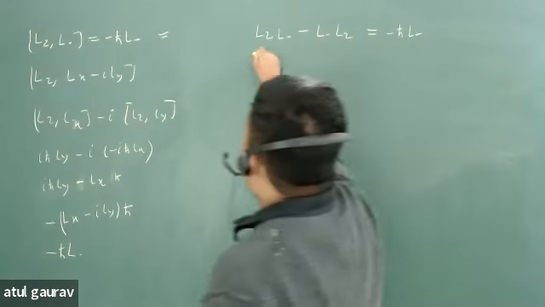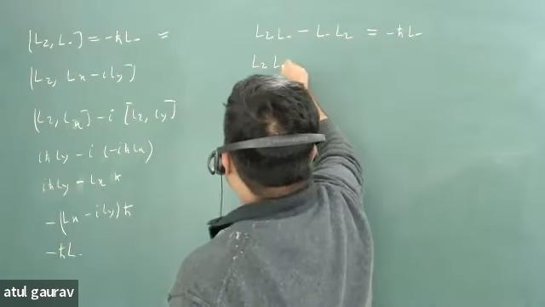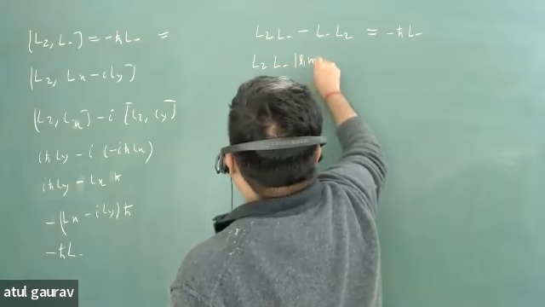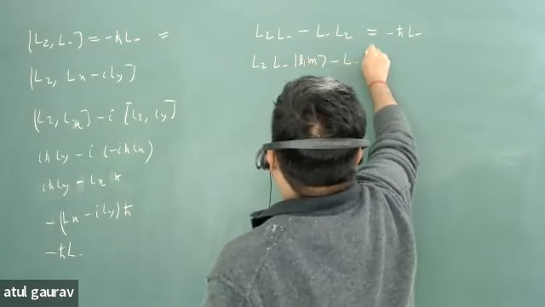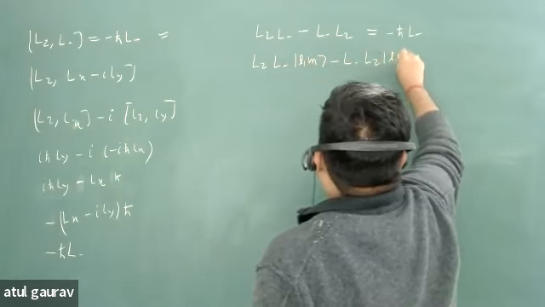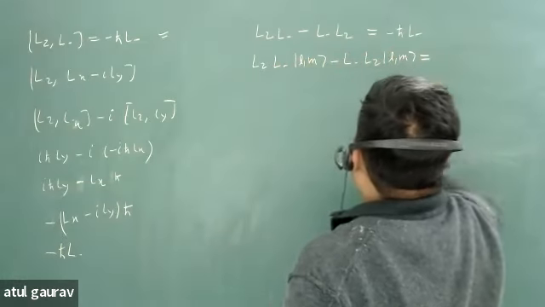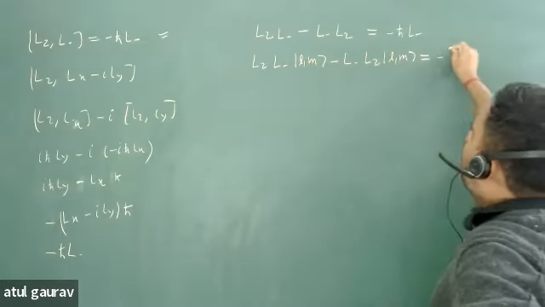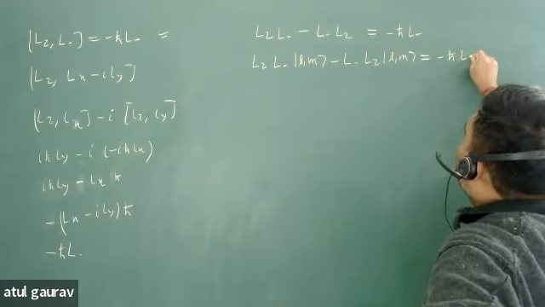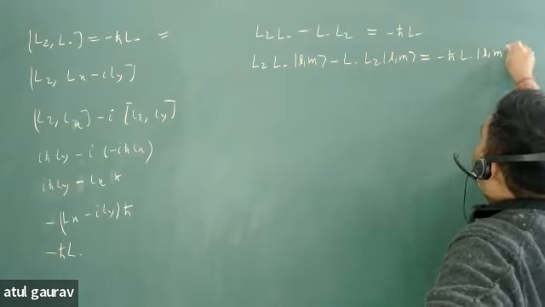And what we have to do, we can apply |L, M> : Lz L minus |L, M> minus L minus Lz |L, M>, and this is equivalent to minus h cut L minus |L, M>.